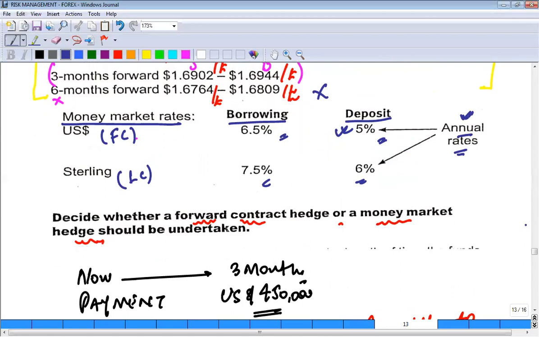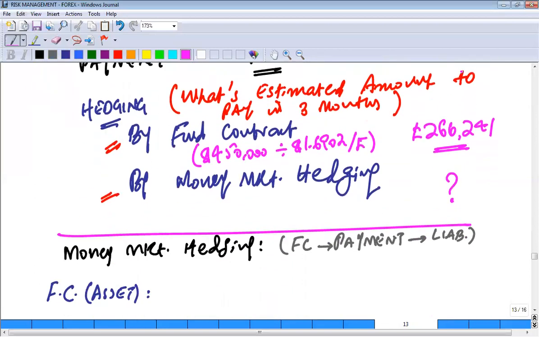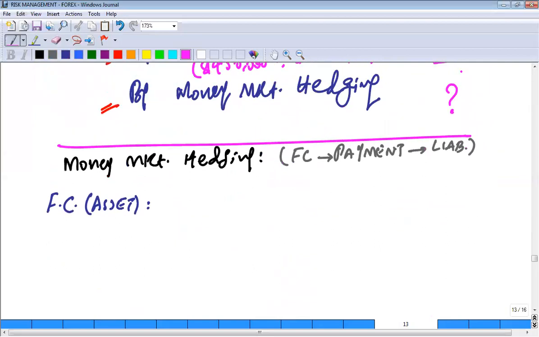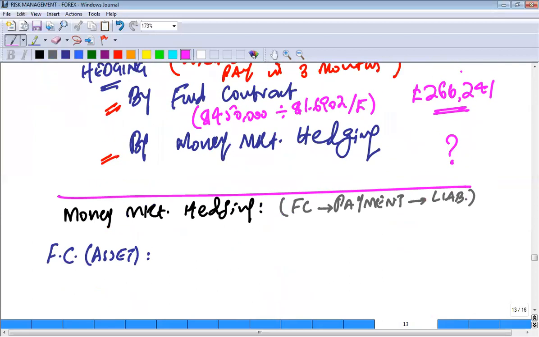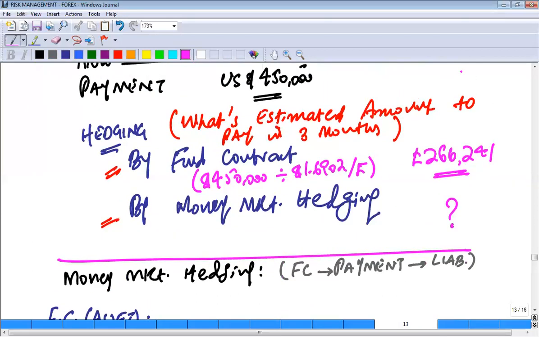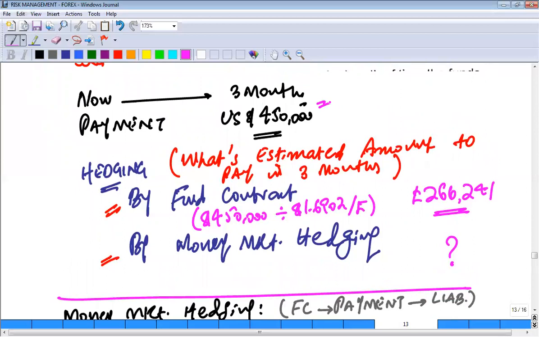So number one, we need to pick the investment rate for 3 months. 5% into 3 over 12. That is 1.25%. So the question is, how much foreign currency asset should be developed? That's equal to 4,50,000 after 3 months.